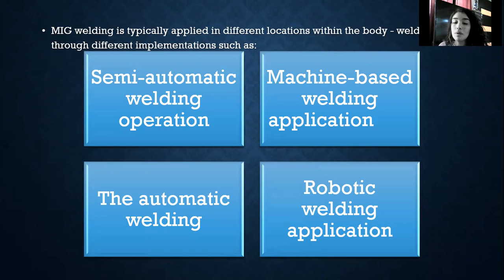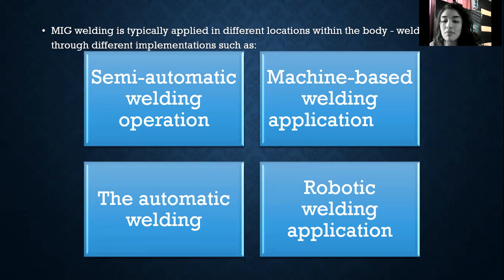The machine-based welding application: here the movement of the electrode is controlled by a machine. The automatic welding: the electrode and the movement are controlled automatically.